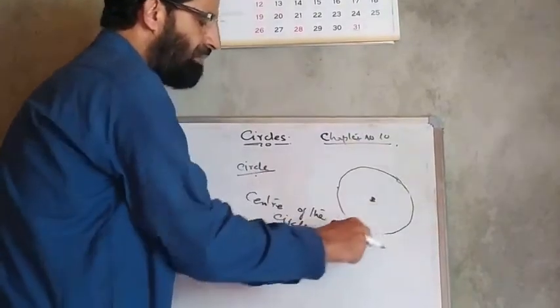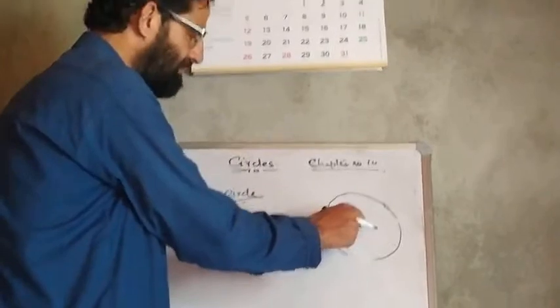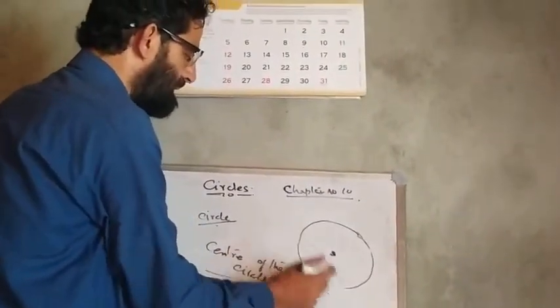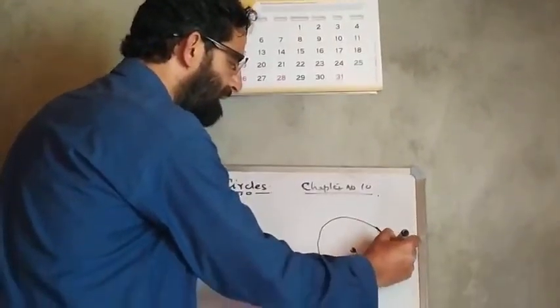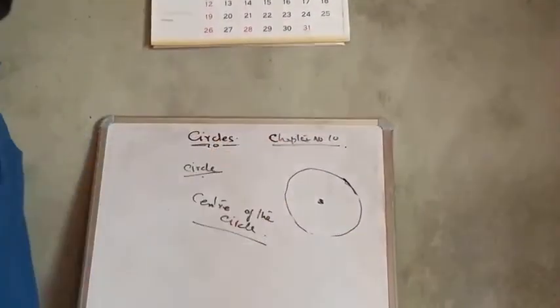When you join the points which are equidistant from this fixed point, or we can call it the center of the circle, you will get a circular path. This circular path is actually a circle.